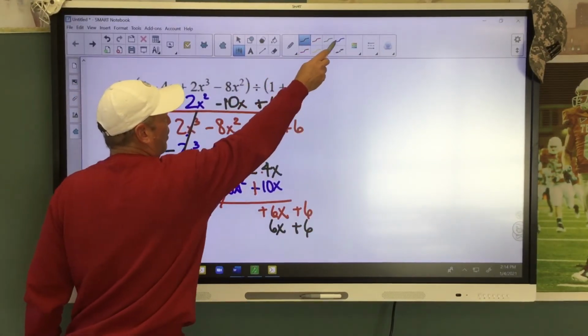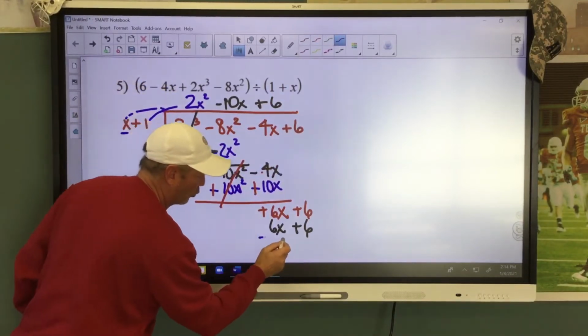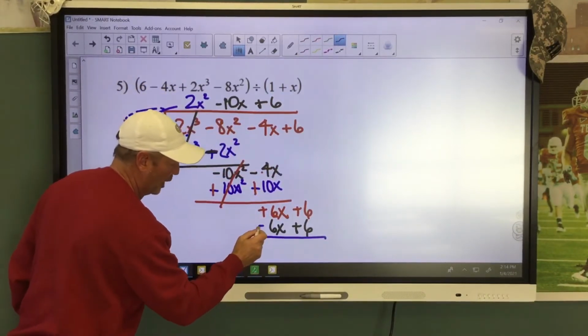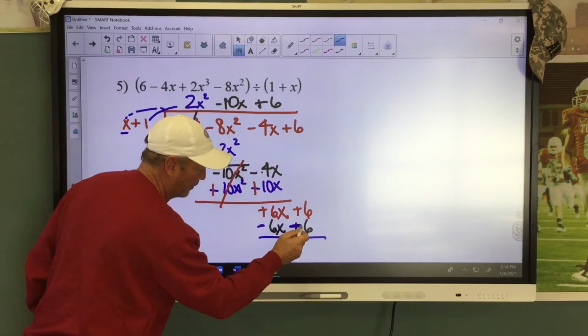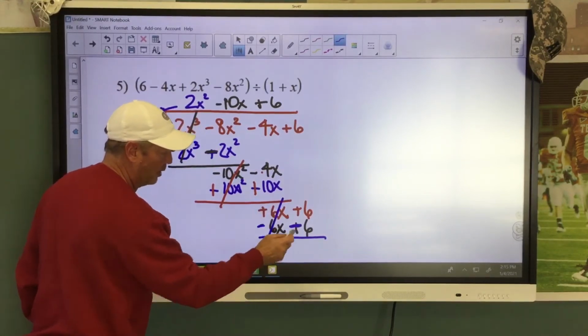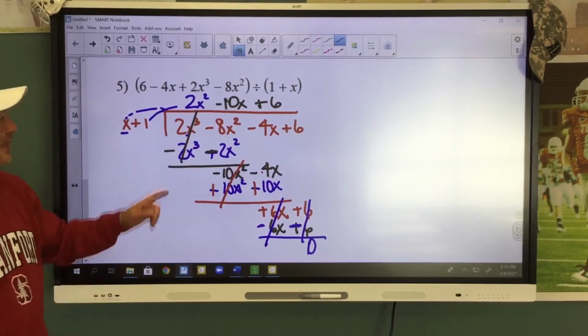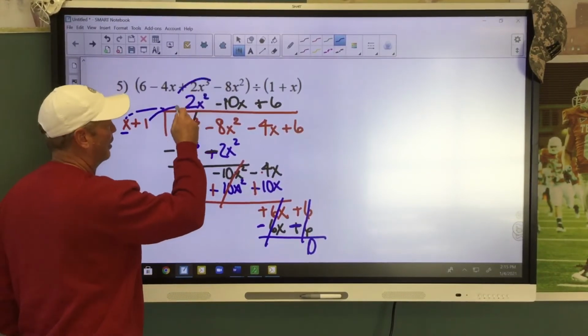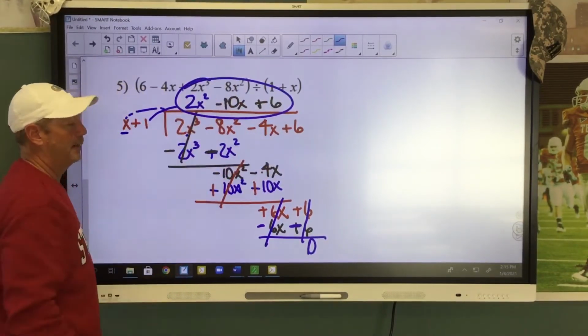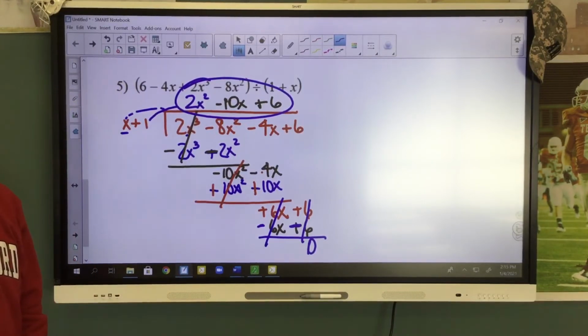When you get through multiplying, draw a line, change both signs. This will cancel, this will cancel. There's no remainder. This is our final answer right here. Okay? All right, let's go to another one.